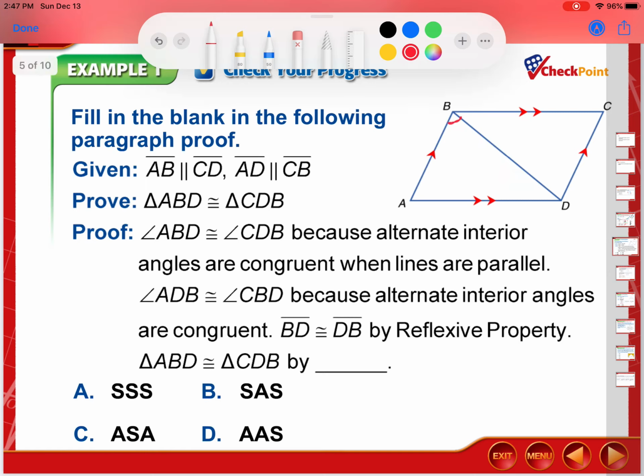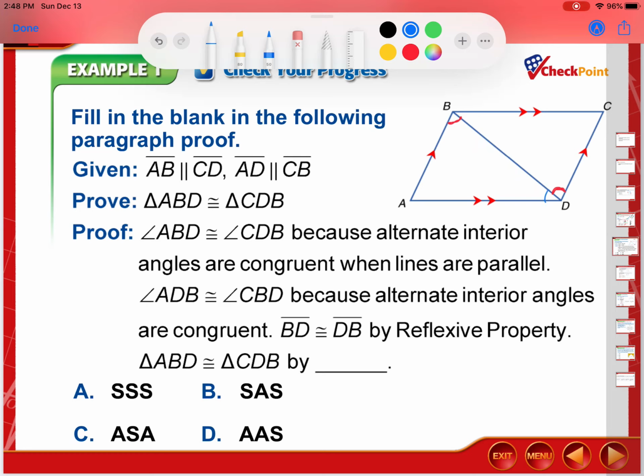So first things first, they tell us that angle ABD, so I'm going to label that, is congruent to angle CDB because of alternate interior angles. I agree with that. Perfect. Let's keep it moving. It's labeled now.